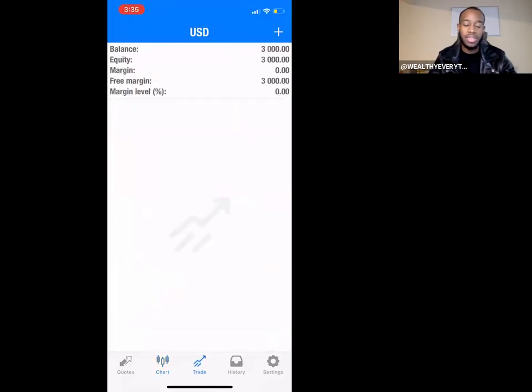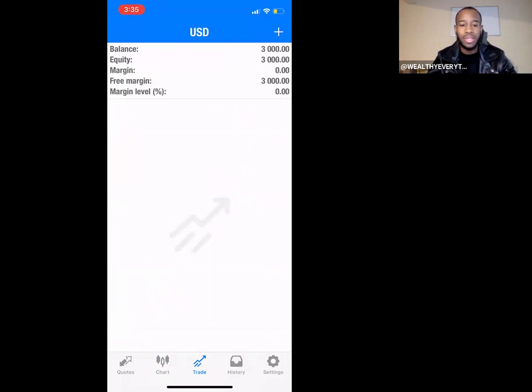So the next part is the trade screen, right? The trade screen is actually very important for you to understand. At the top, you have your balance, which is how much money you had in your account before you placed any trades. Your equity will show you what you deposited plus or minus your profit or loss.